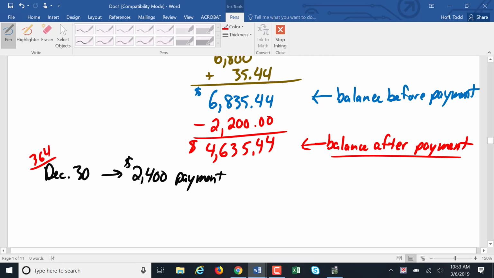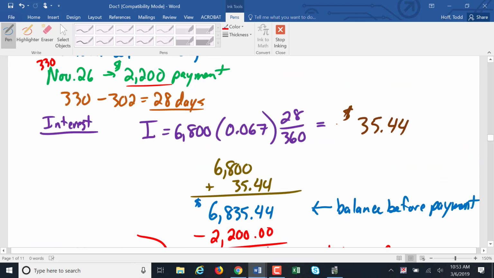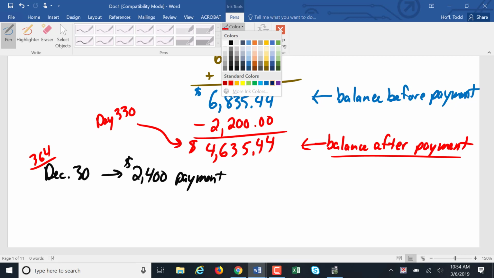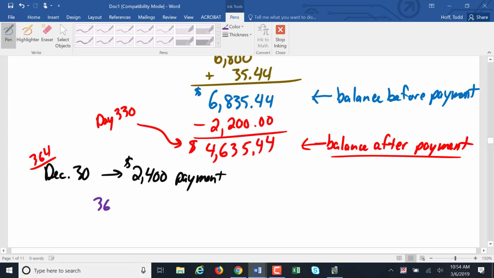And this balance, of course, was after that payment on November 26th, which is day 330. So the days that have gone by there are 364 minus 330.